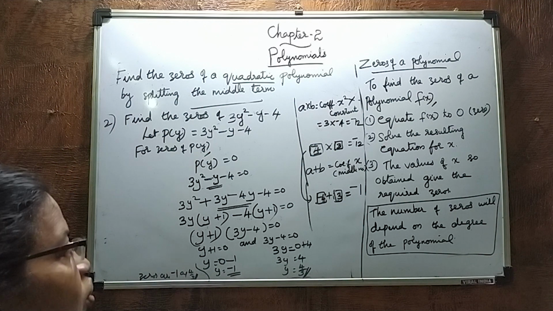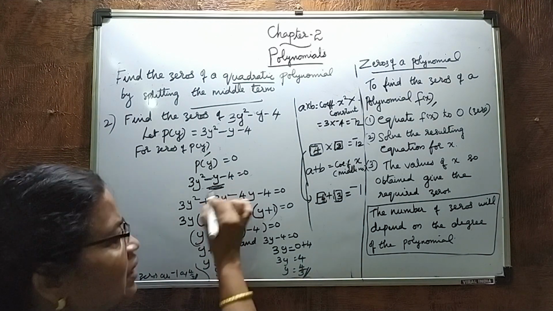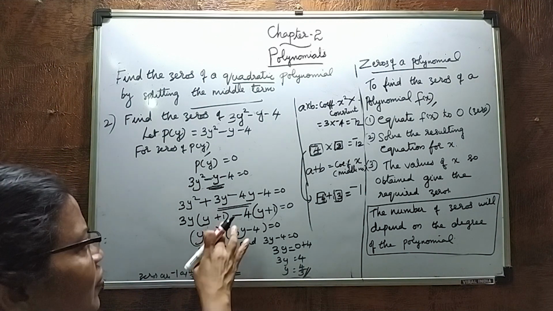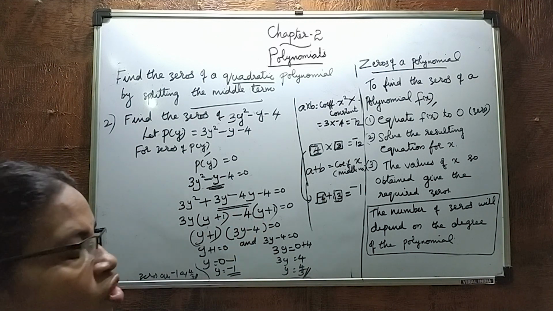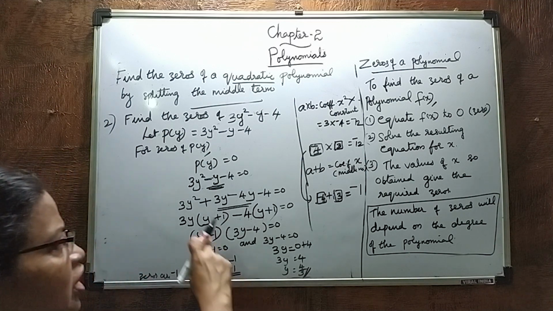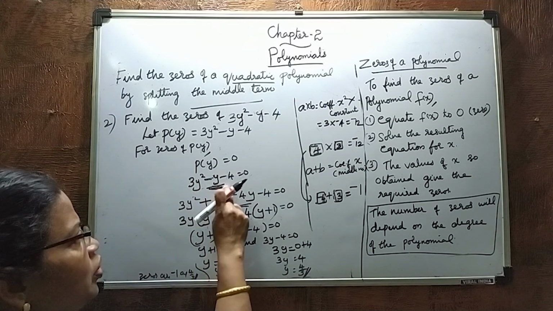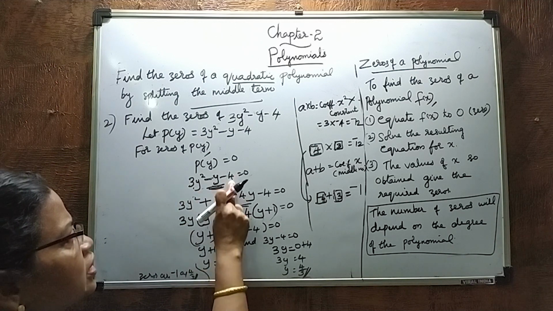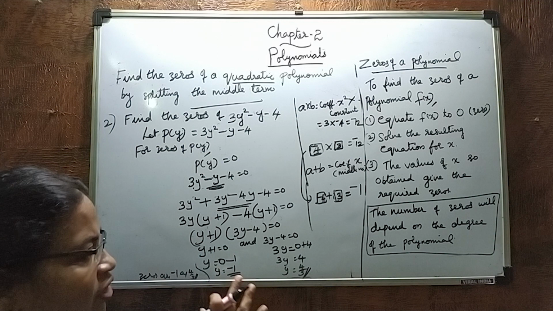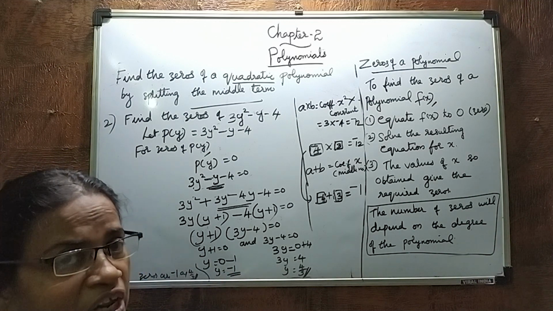Next one, we are going to split the middle term. Middle term is -y. There we have to split and write. For splitting what you have to do? You have to find out two numbers there. So first thing is you have to take a into b. A into b is 3 into -4. Don't leave the negative sign at all. Wherever negative is there, you have to keep it correctly.